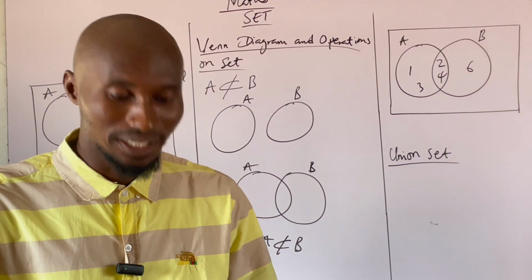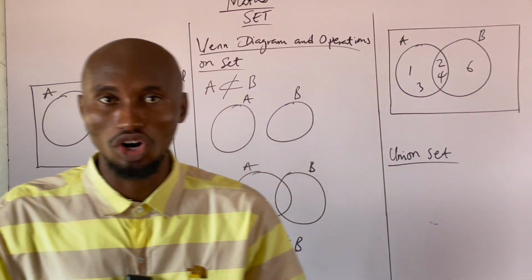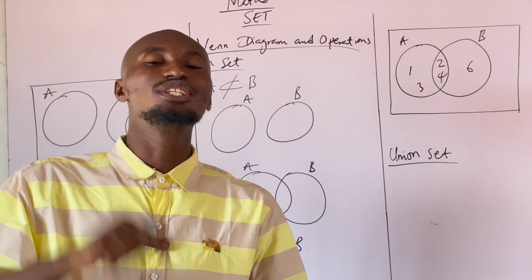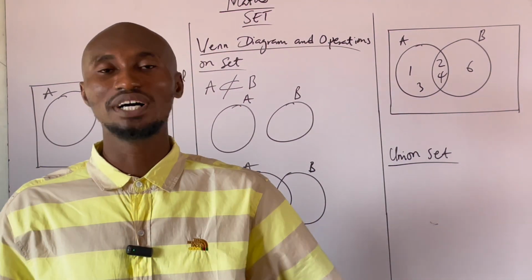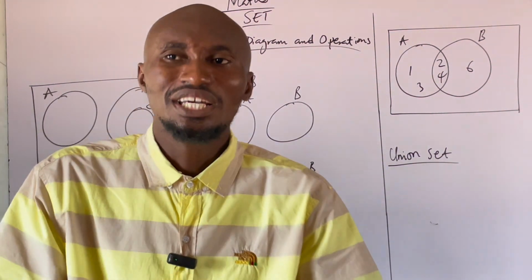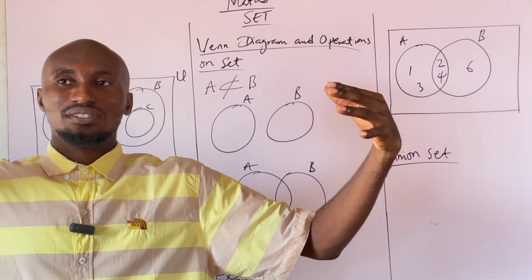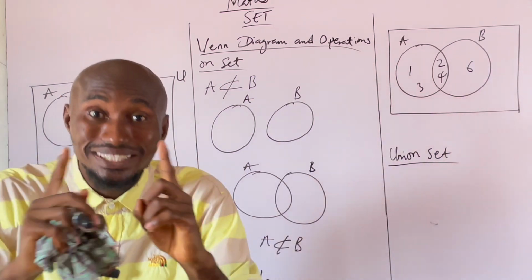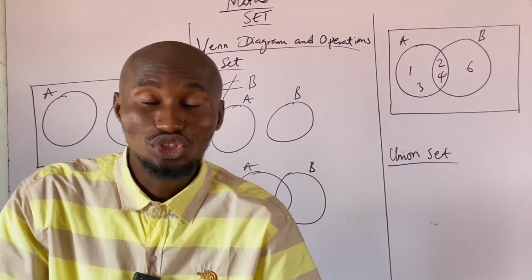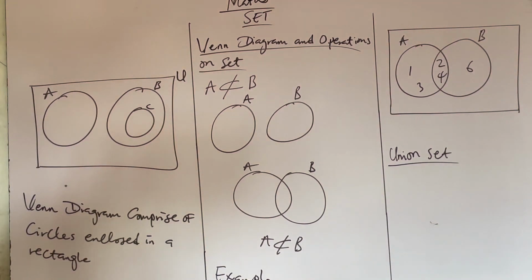If you are an Anglican, you are welcome. Irrespective of your denomination, this is a non-denominational program. That is union set, bringing different sets, bringing different things together to make it one thing. Is what we call what? Union set. Did you understand that analogy now about union?